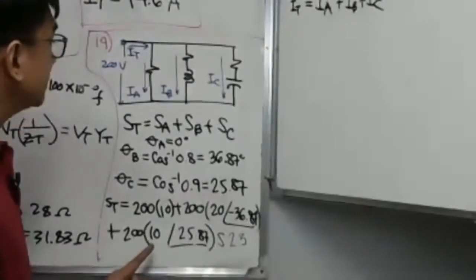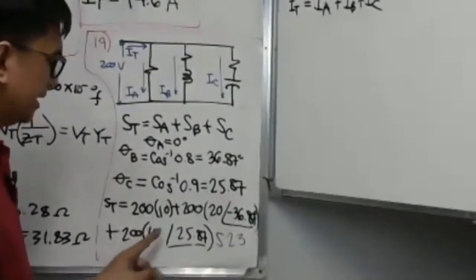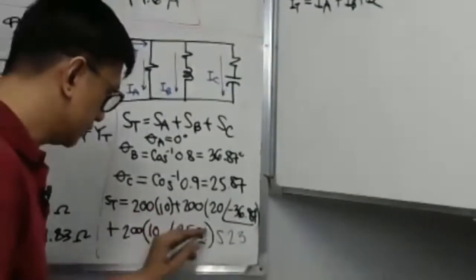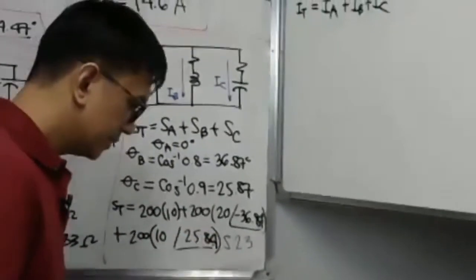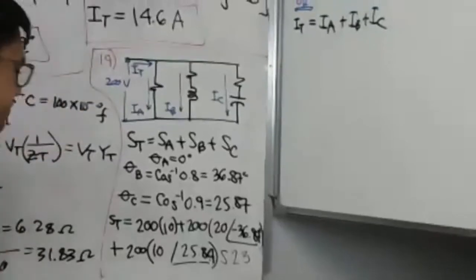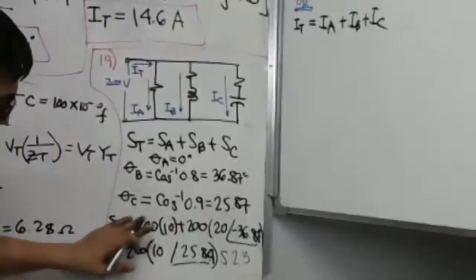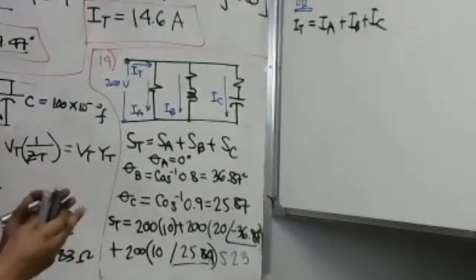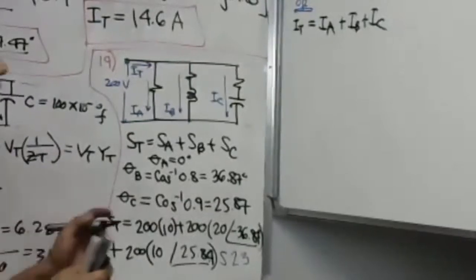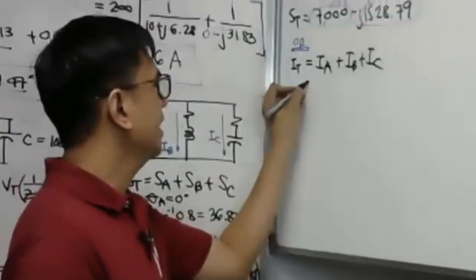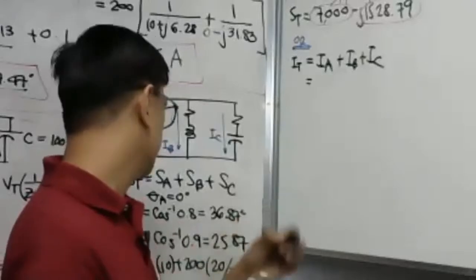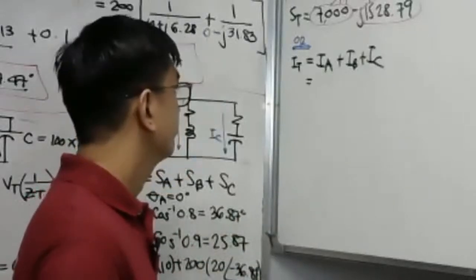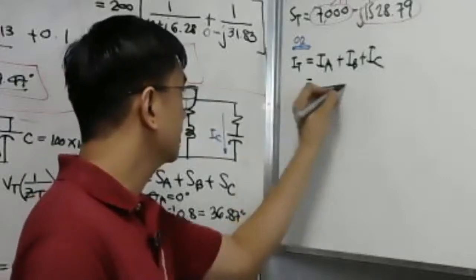And then our IC is 10 angle of 25.84. Kung baga, tatanggalin mo lang yung 200, so lalabas na yung I total mo. You will have the value for your I total.